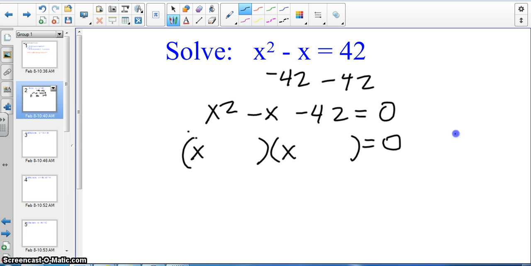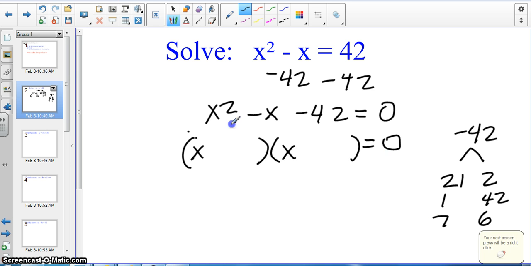Now what two numbers multiply to negative 42 and add up to negative 1? So, numbers that multiply to 42: 21 and 2, 1 and 42, 7 and 6. Well, one of these has to be a negative. It has to add up to a negative 1, so my largest number is going to be negative.